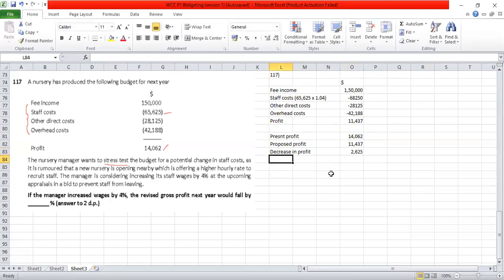Now we are asked to find out what that percentage decrease in profit is. Base will always be the present. If the present profit is 14,062, which is the base, the decrease in profit is what percentage? So that's how we calculate. If this is 100%, because that's the base, the decrease of 2,625 is what percentage?